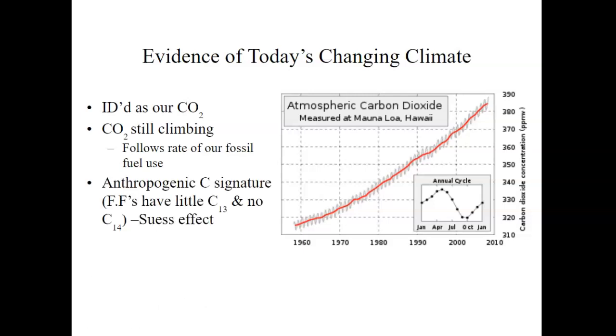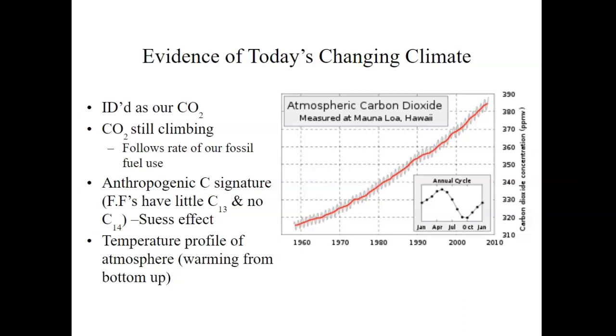So carbon emitted in CO2 from fossil fuels has a little carbon-13 and no carbon-14. So again, getting back to isotope ratios, they call this the Seuss effect, and it gives a signature, chemical signature, that the CO2 that's been added to the atmosphere is coming specifically from fossil fuel burning.